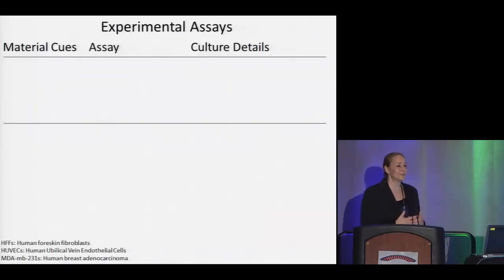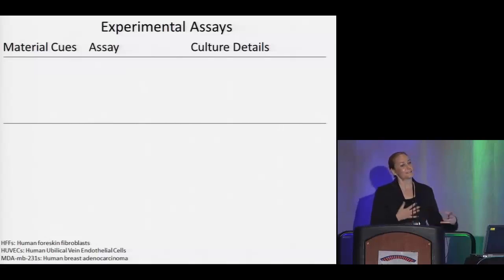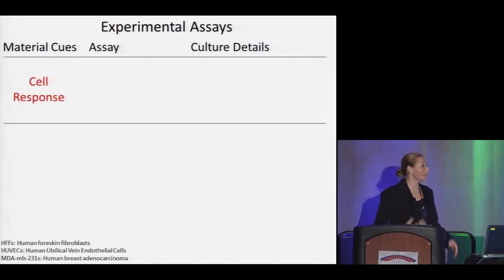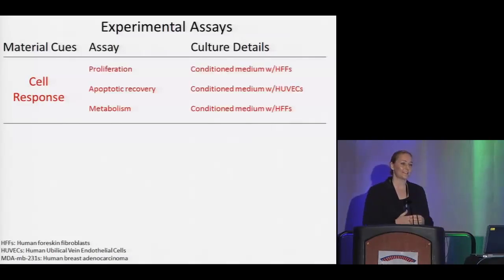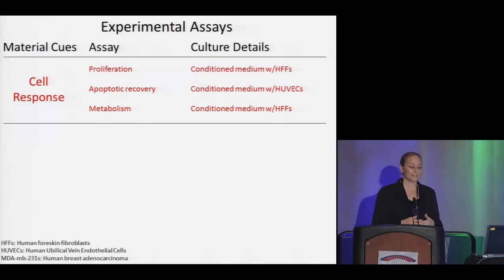Now, the way we broke this down, because looking at it from the cellular response aspect, it can be broken down in several different ways. So we really looked at the cues that the materials were giving. And the first section of it is the cell response. And the way we broke this down and considered it is through 3 different assays: proliferation, apoptotic recovery of cells, and metabolism.